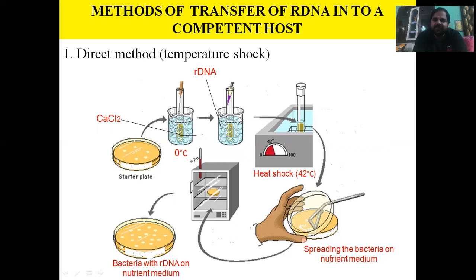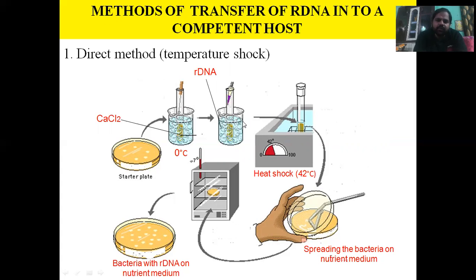Then after some incubation, we will put this bacteria at 42 degrees centigrade. So the bacterial cell will receive a shock: firstly the cold shock, and suddenly the heat shock for 1 minute. Then what happens? The cold and heat shock will create several pores in the bacterial cell.